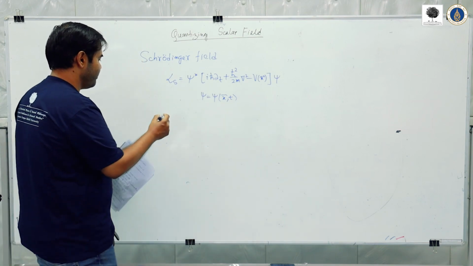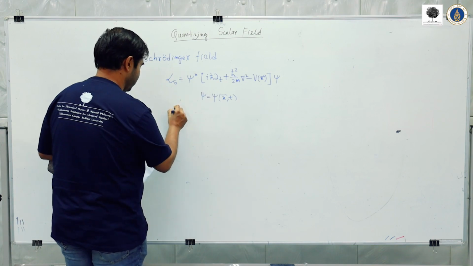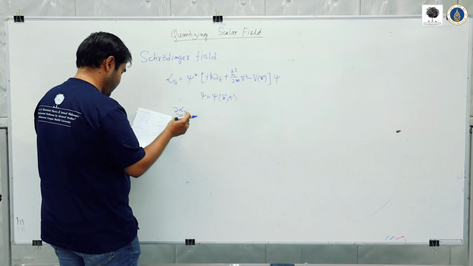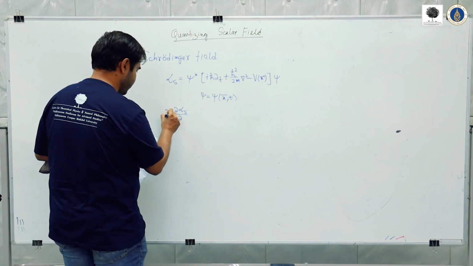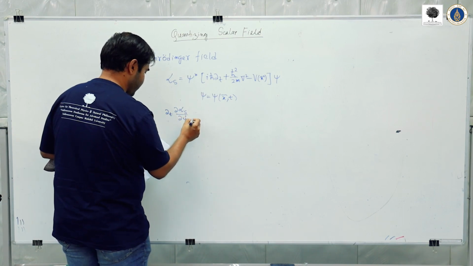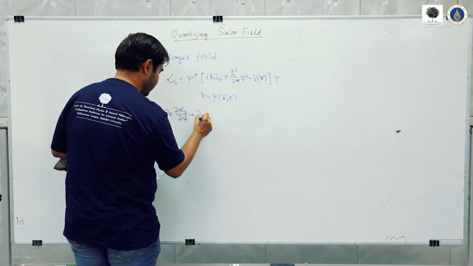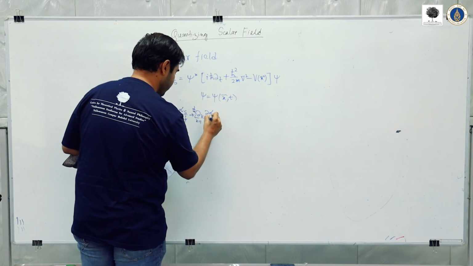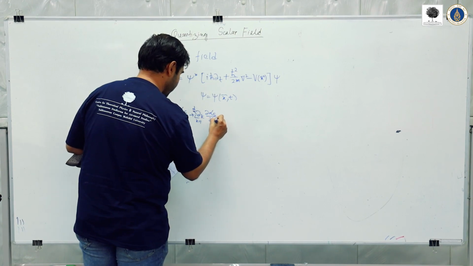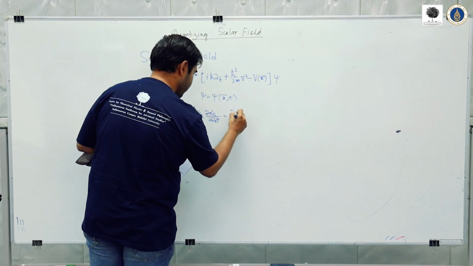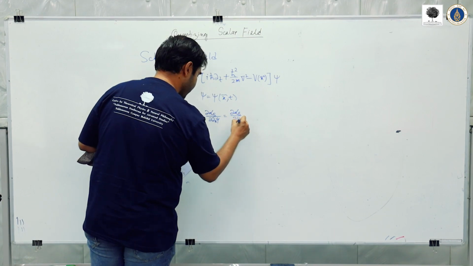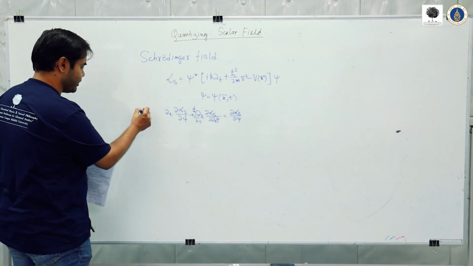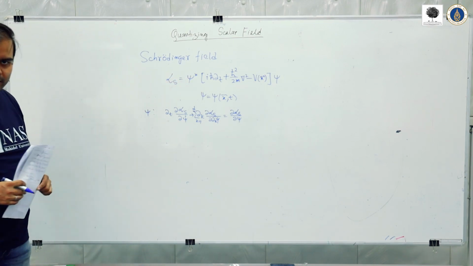You can arrive at it by taking the variation following the Lagrange equation, which, as we said, will be like this: sum over k equal to 1 to d of ∂k (∂L/∂(∂k psi)) = ∂L/∂psi. You just plug these values in, and I am just writing the equation for psi as of now.